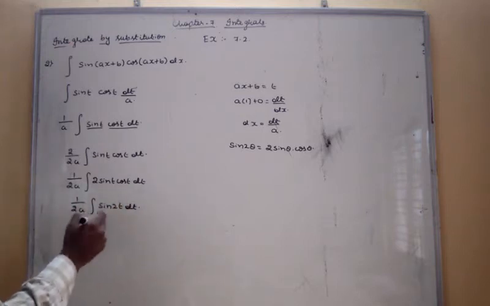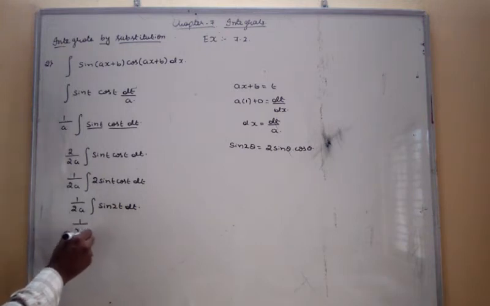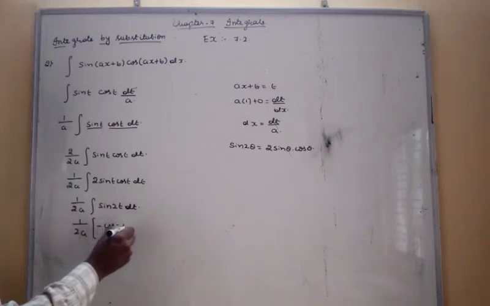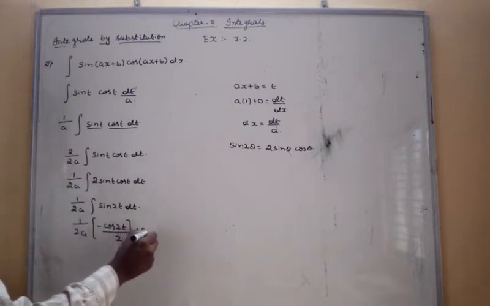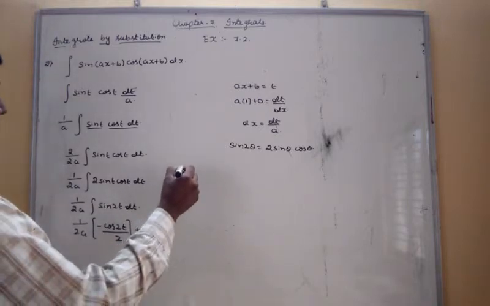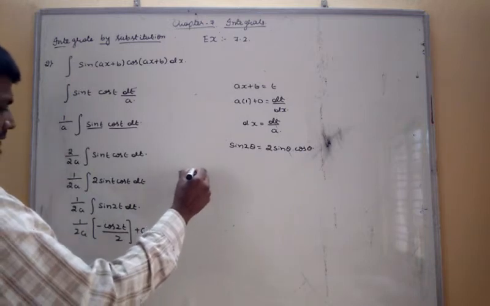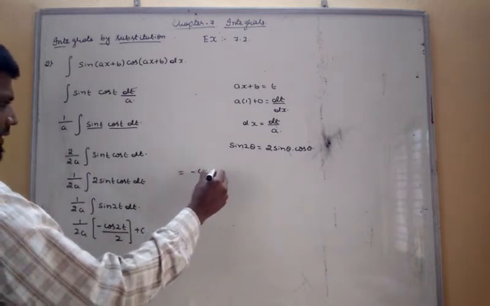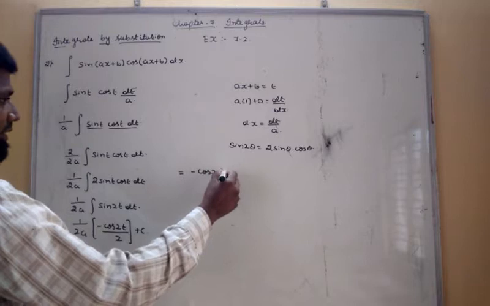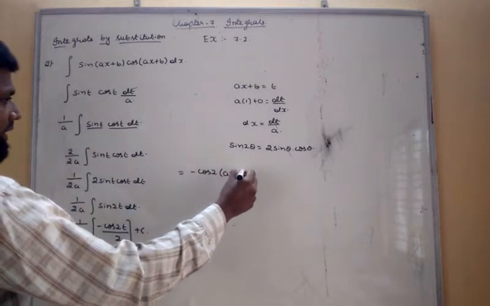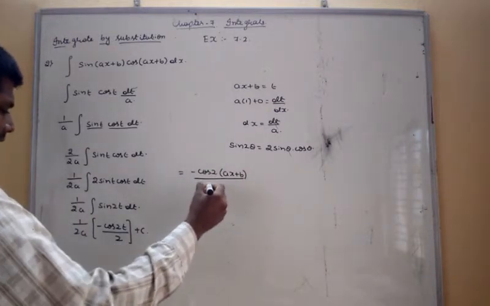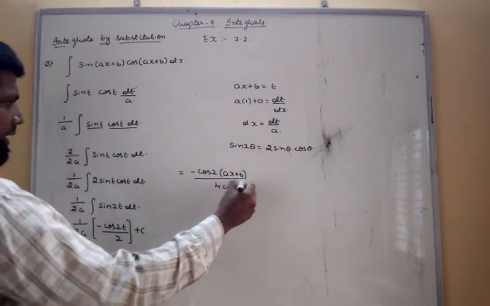So now let us integrate here. 1 by 2a integration of sine 2t is minus cos 2t by 2 plus c. Then if you substitute, minus cos 2 into t value, it is minus cos of 2(ax plus b) by 4a plus c.